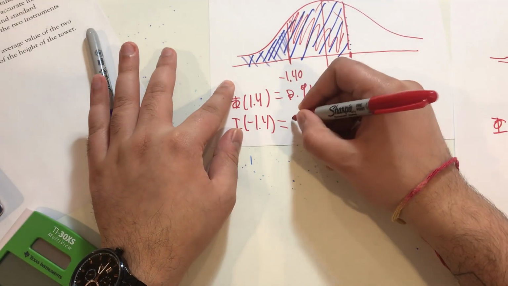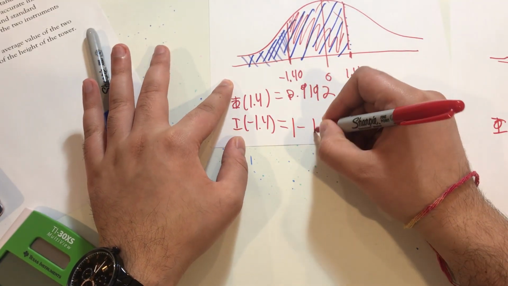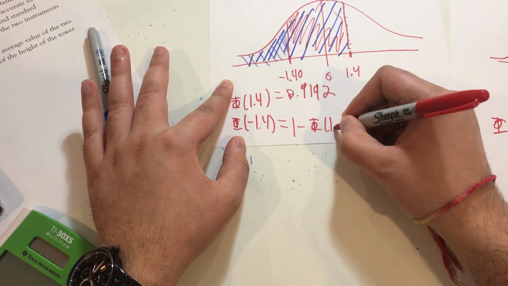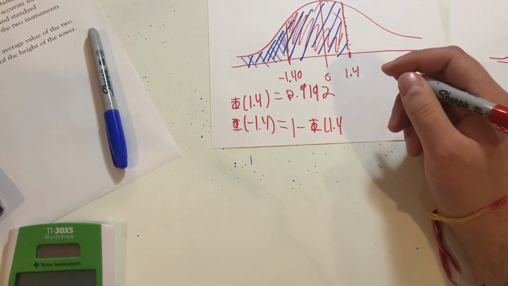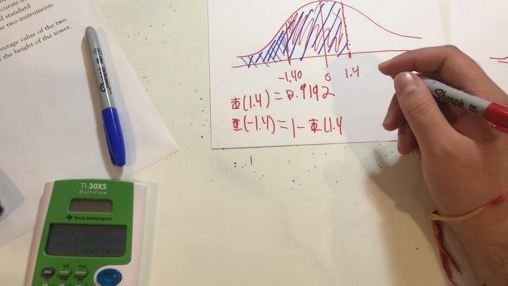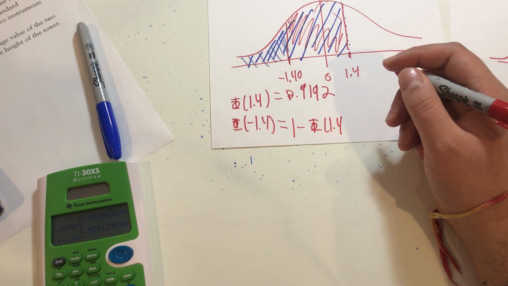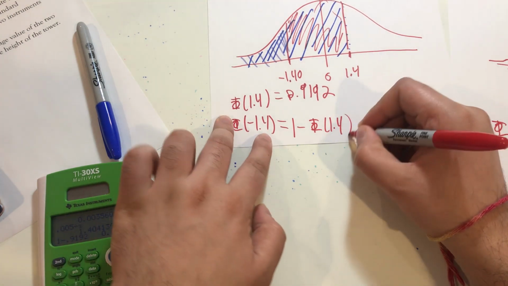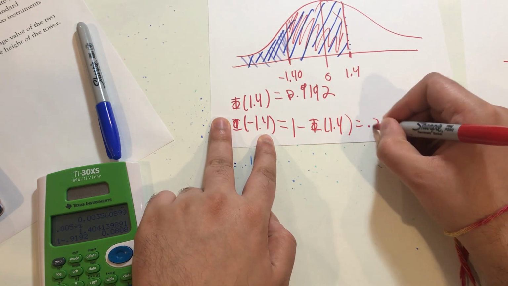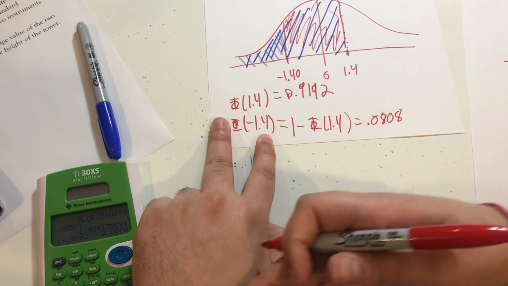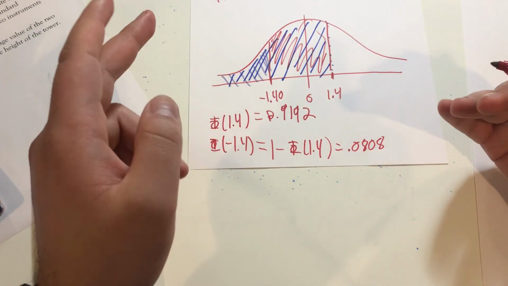So here we do 1 minus phi of 1.4, which we already got in our previous step. So I just do 1 minus 0.9192, and I get 0.0808. And then I simply subtract, right?